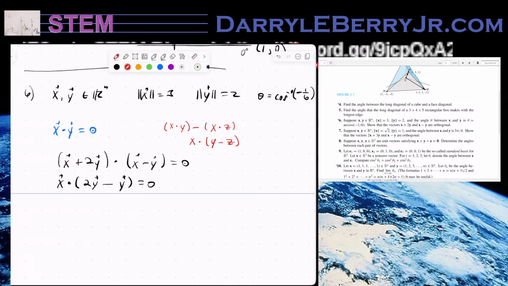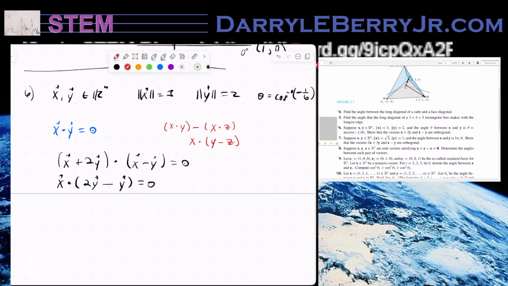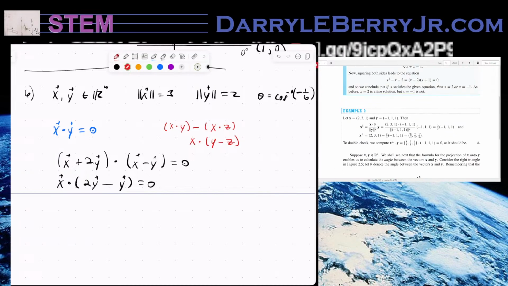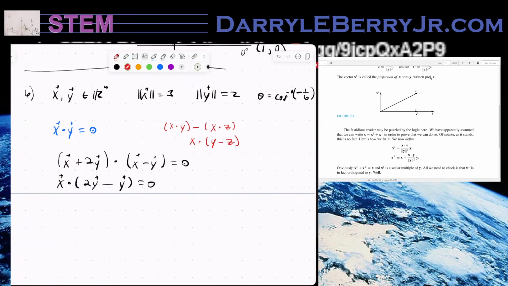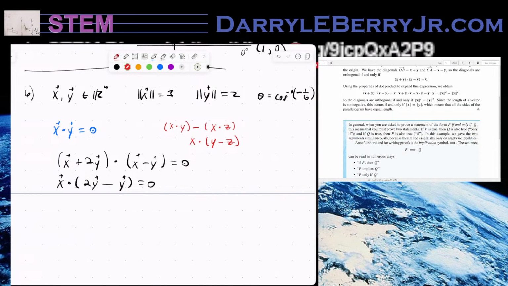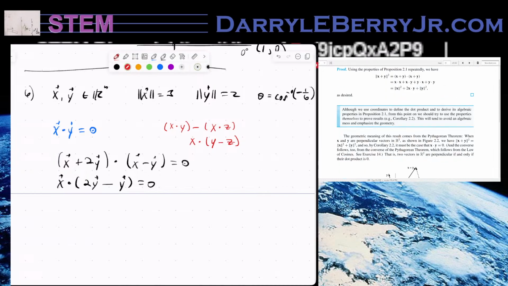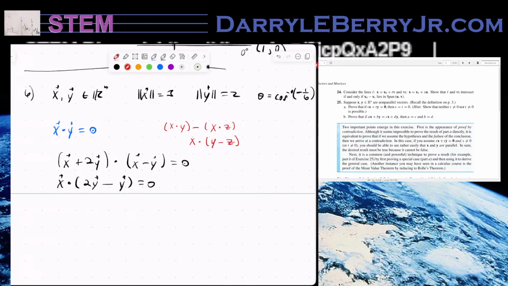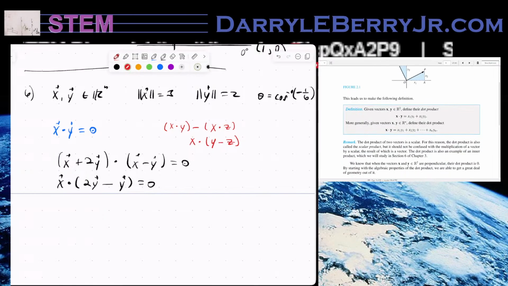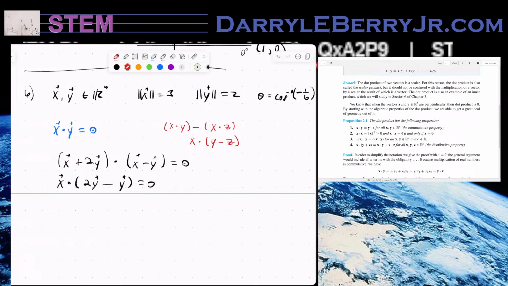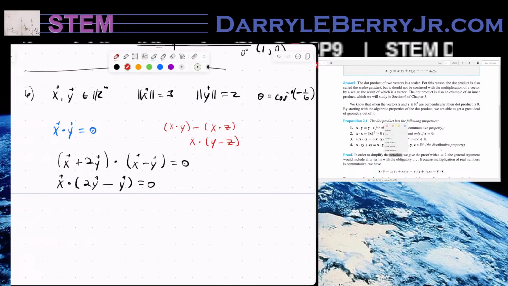See if I can find that theorem or whatever it was. So to make sure I'm remembering this property correctly. Okay, this is the one I was thinking about right here. Yep, there has to be a plus sign in between them, not a dot product.